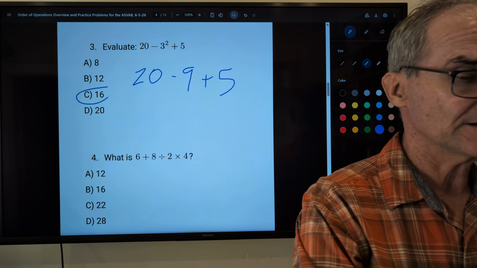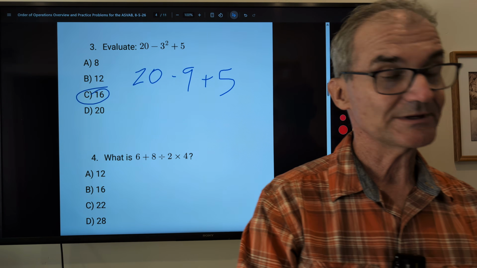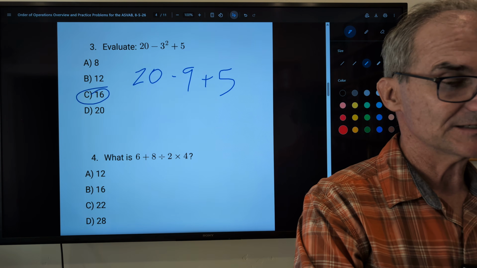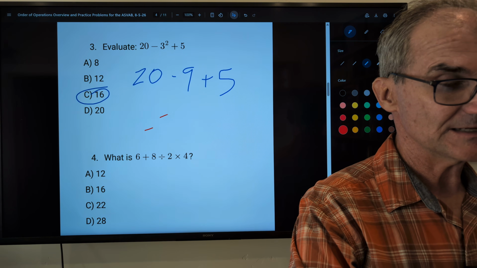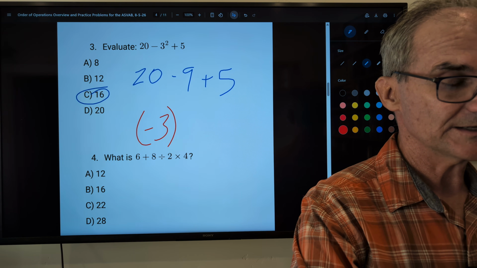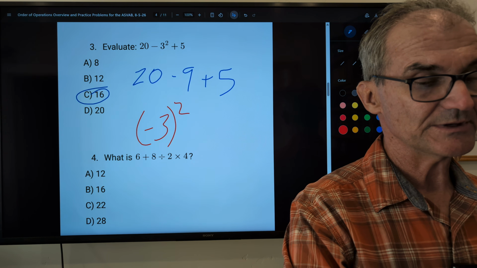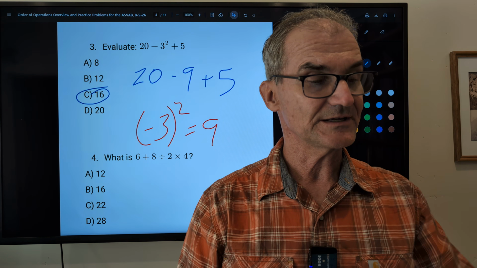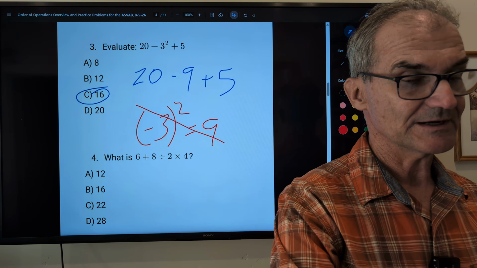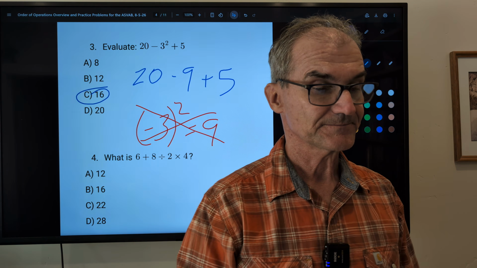Correct answer C here. One thing I really want to point out, though, is that this is negative 3 squared. Negative 3 quantity squared would be equal to 9, but that negative is not attached to the 3. So we're not doing it that way, and that's why it's negative 9 there.